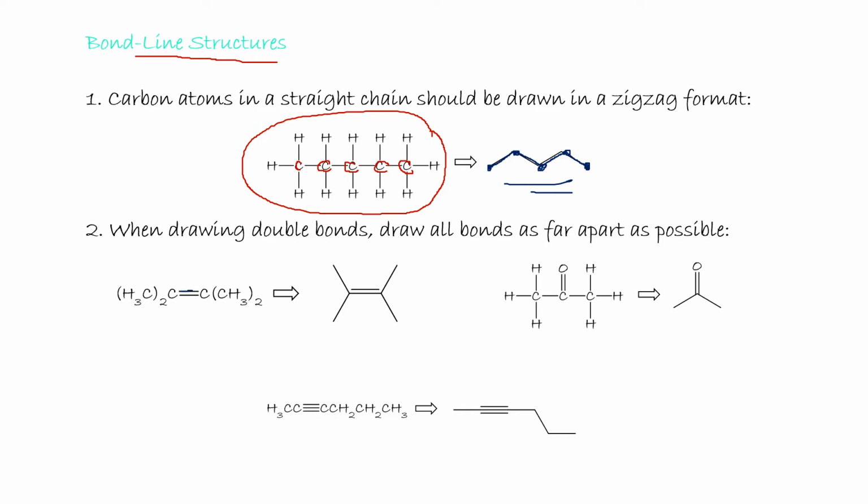When we have double bond in the condensed structure, we write 2 lines. And since these carbons are sp2 hybridized, this means that it has 3 sigma bonds in the shape of trigonal planar.